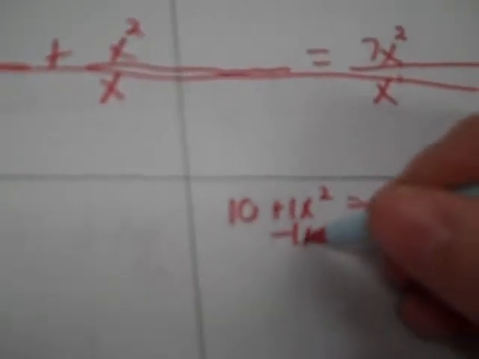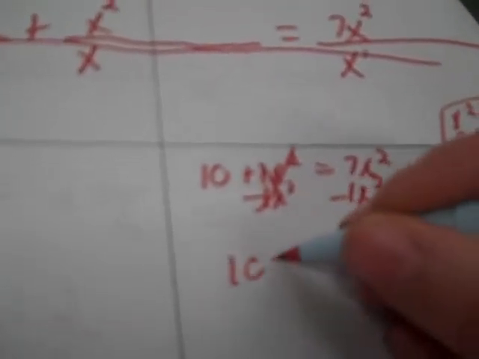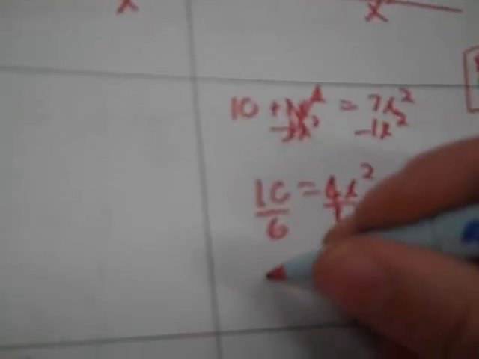So I subtract 1x second. I don't need to factor, okay? Not with x, not if that's all I have, if there's no x with it. 10 equals 6x second. Divide by 6. Okay, I want the 10 divided by 6. Okay, 1.6, just put 1.67.